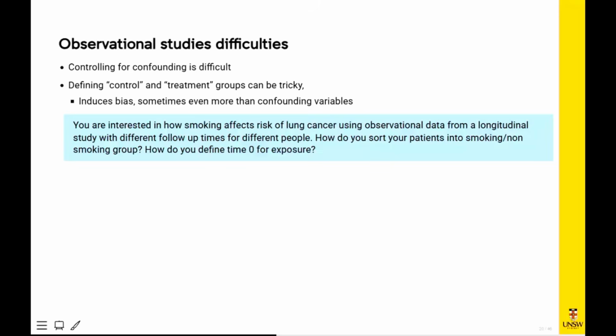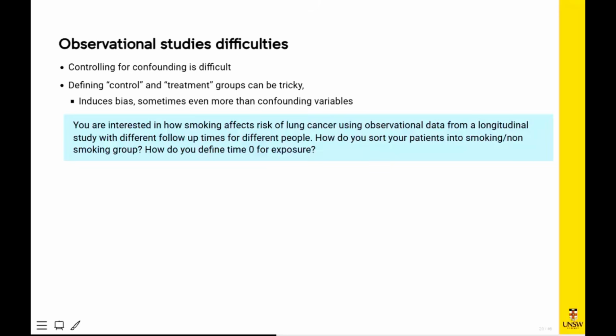Is somebody who smokes a couple cigarettes every 6 months or so with their friends a smoker or are they not a smoker? Are people who quit smoking smokers or non-smokers? These are things that you really need to figure out before you can do a really good analysis on your observational data.